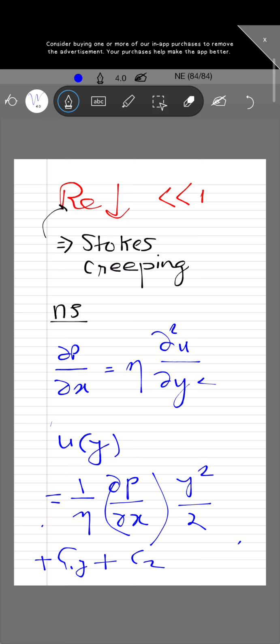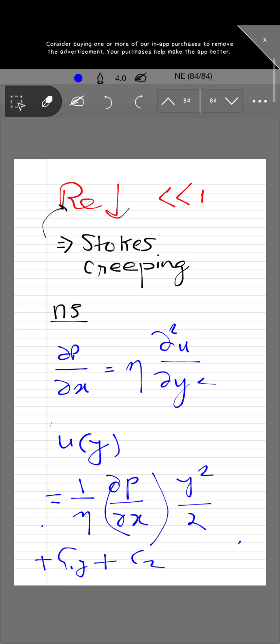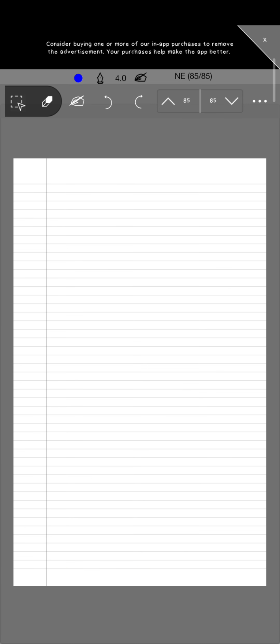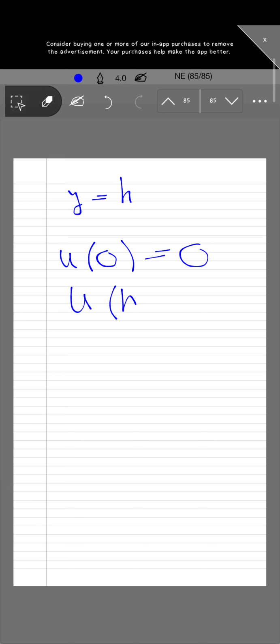Now from here we will derive the velocity for the Couette flow, that is for shear flow, and for drag flow. So for a shear flow we assume y is equal to h, so the velocity at 0, which means at the base, is equal to 0, because this is equivalent to the no slip condition, and the velocity at a certain height, or at the top, is equal to U.